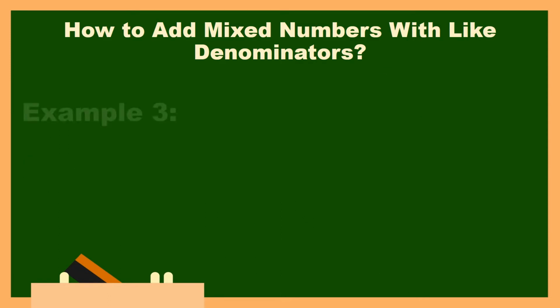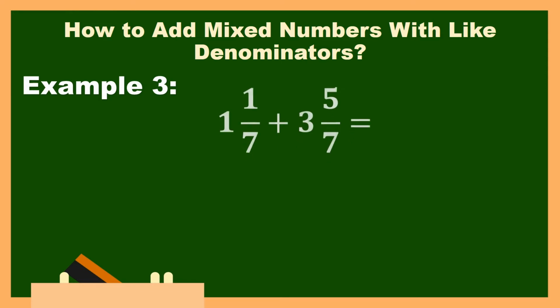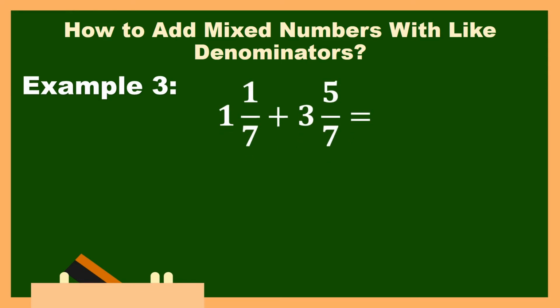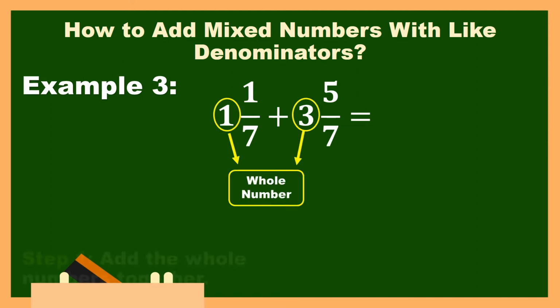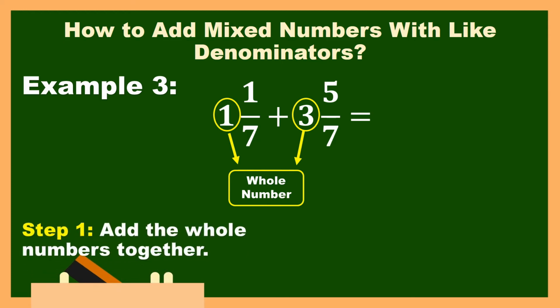Another example, 1 and 1 over 7 plus 3 and 5 over 7. So, dito sa equation, ang ating whole numbers ay 1 at saka 3. In step 1, add the whole numbers together. So, 1 plus 3 is equal to 4.